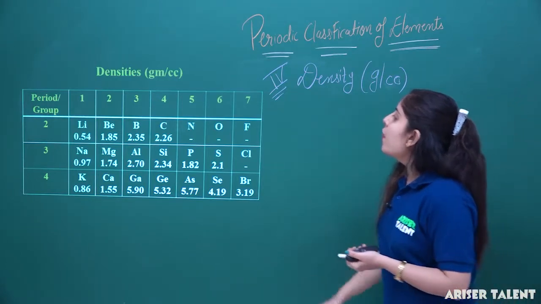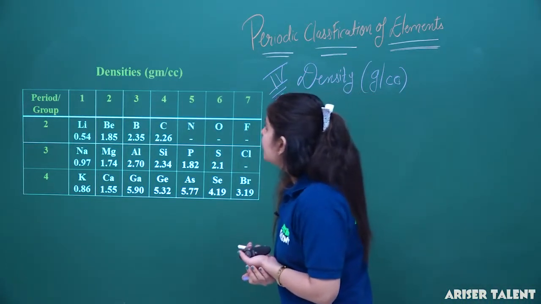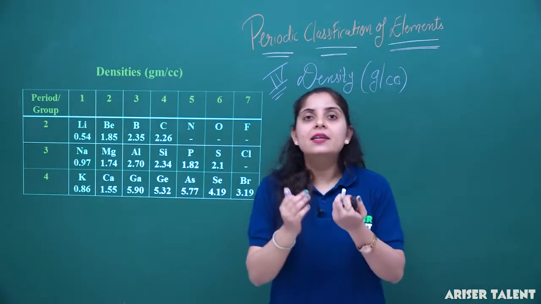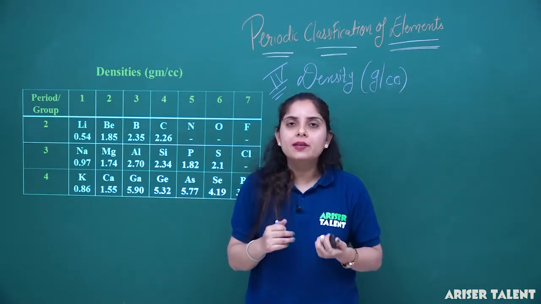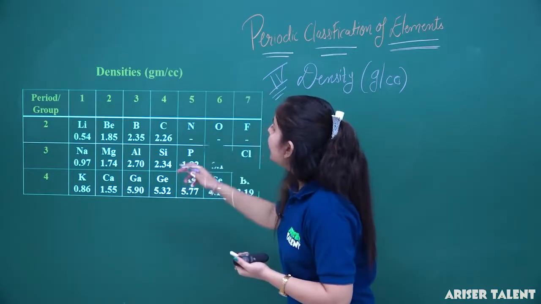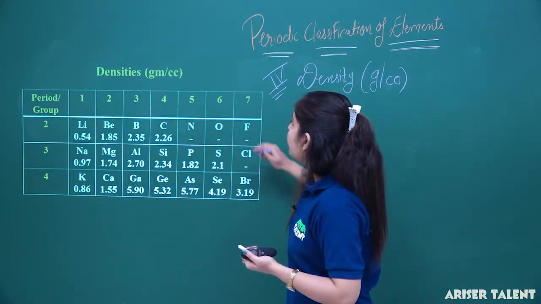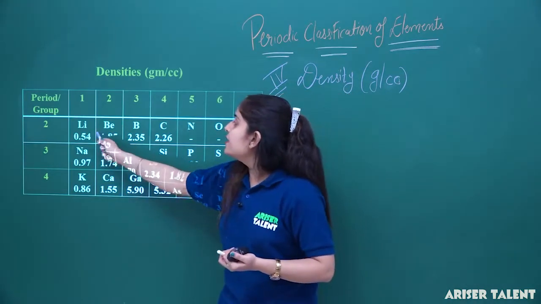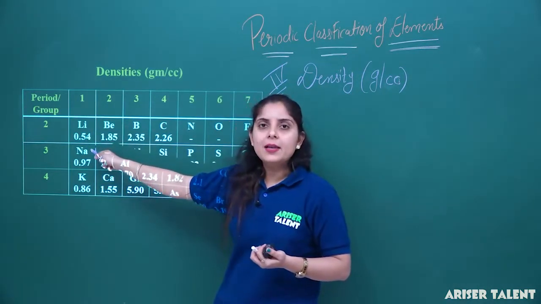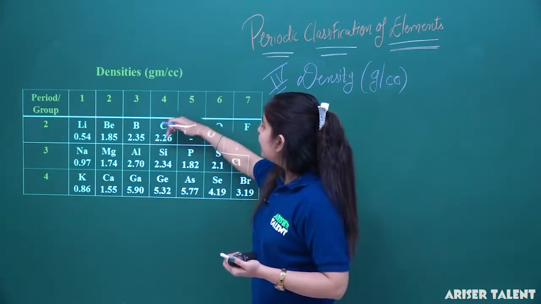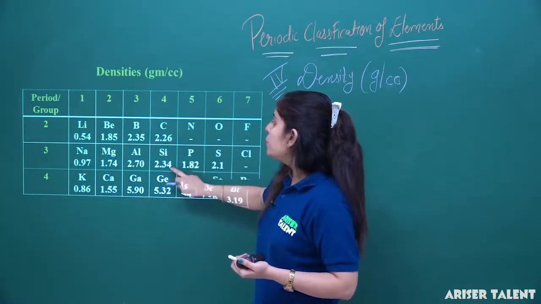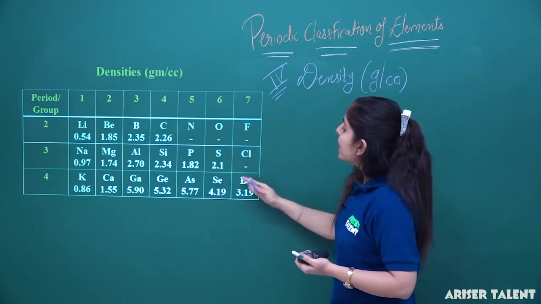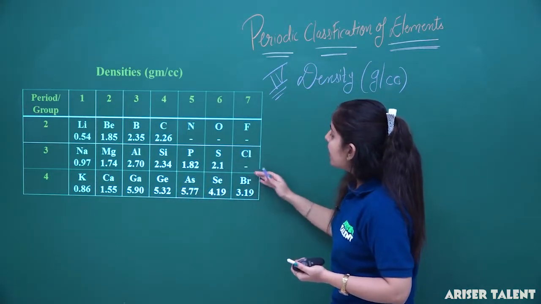Now, what you have observed in the case of densities in the periodic table, as we know that as atomic number increases, the density of a substance is going to increase. So we can see in the periodic table that moving from left to right, firstly the density will be increasing for some of the elements, then it will become constant somewhere around 2.26 and 2.234, and then again it will start to decrease.